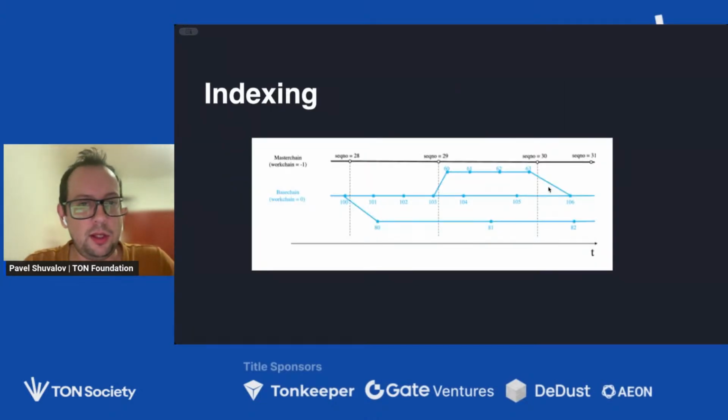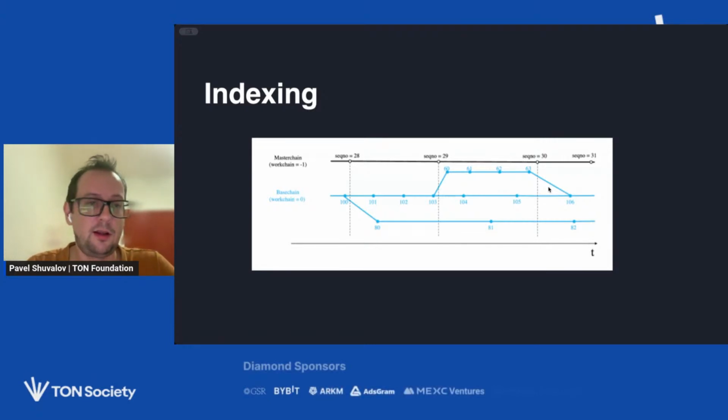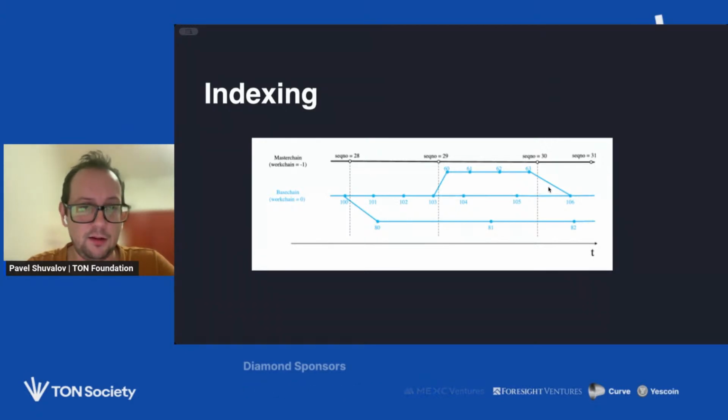Imagine you are going to index data from the chain, and even at this step, you will see that TON is quite different from other chains. For example, for Bitcoin and Ethereum, all you need is to get the latest block and to get all transactions from this block. In our case, we have the masterchain and we have the basechain.